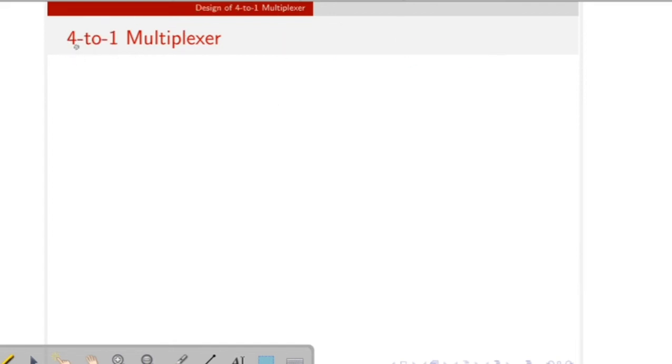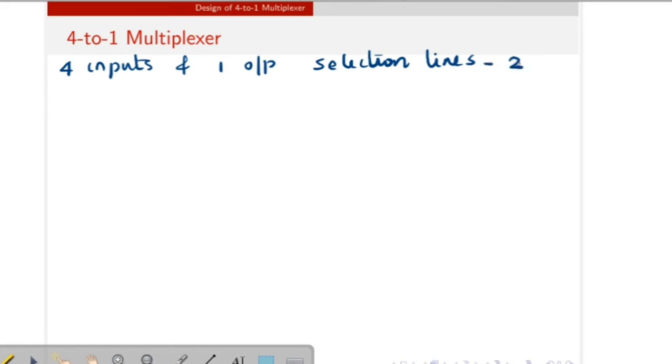Next we can design a 4 to 1 multiplexer. A 4 to 1 multiplexer has 4 inputs and 1 output. Okay, then it has selection lines. So selection lines depend on the inputs. Here there are 4 inputs, so the selection lines equal 2 because 2 raised to 2 is equal to 4.